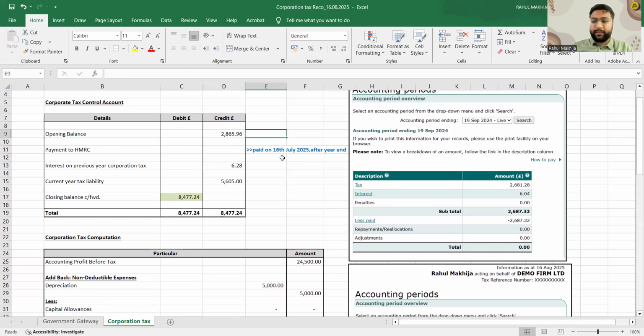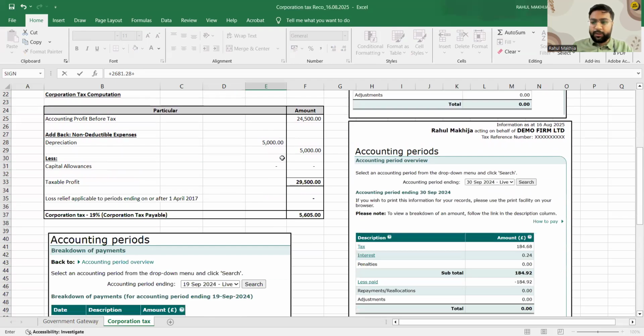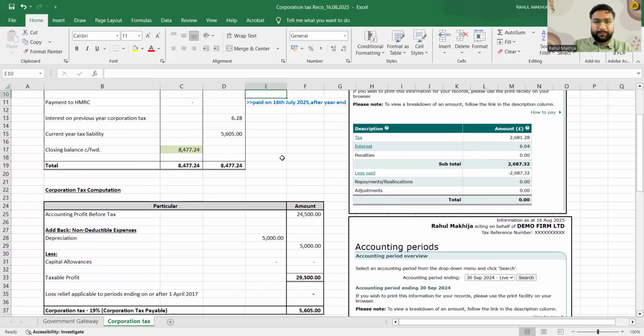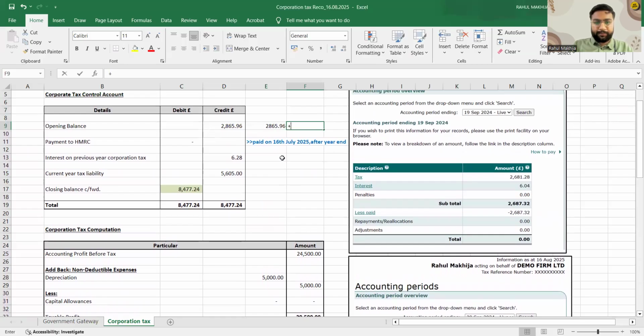To confirm that in the snapshot, we can see that for the period ended 19 September 2024, it is 2,681.28, plus for the period ended 30 September 2024, it is 184.68. So it's the same. Our opening liability does match with the HMRC Gateway portal.